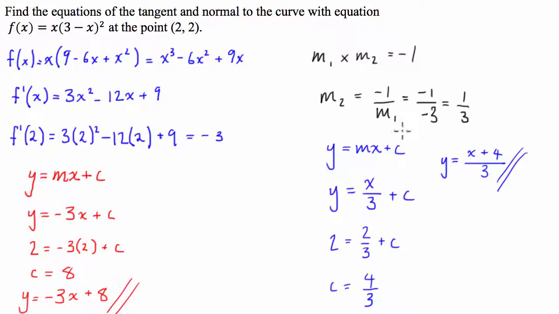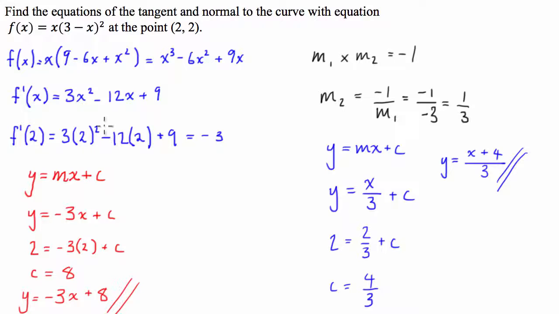Cool. So basically what we have to do with these equations, to find the tangent to the curve, first of all, we get our formula into a point where you feel comfortable doing the derivative of it. I like to multiply out the brackets so I don't have to use the product rule or the chain rule. We then take the derivative of it and we find out what the gradient of the function is using the derivative at the point that they ask us.